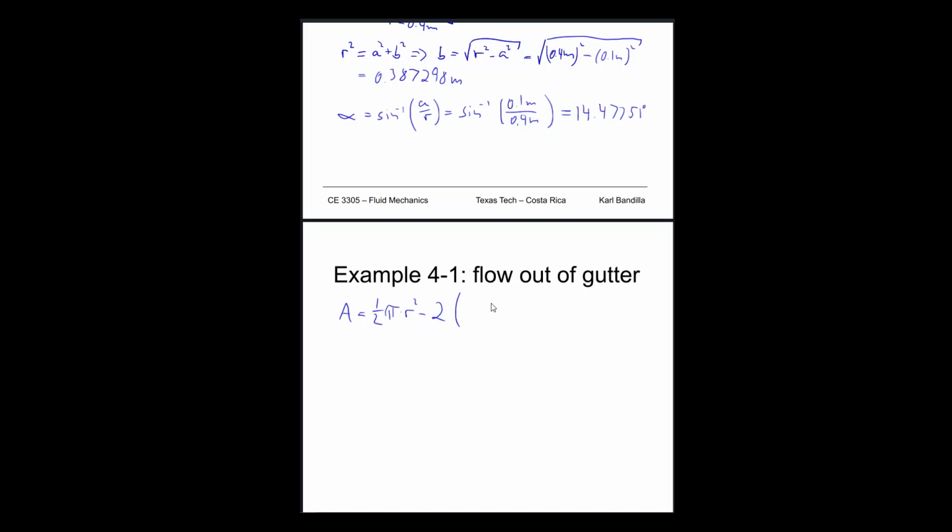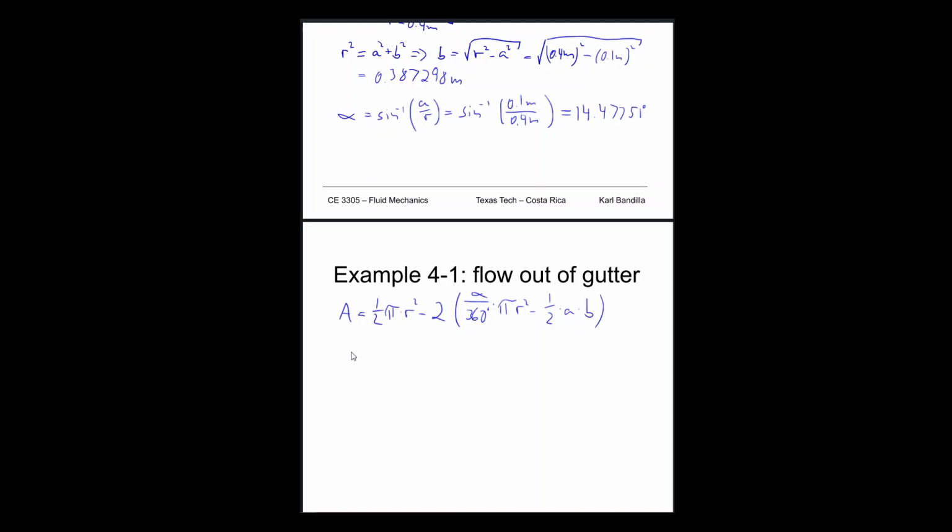We cut out the two slices, so that would be alpha divided by 360 times pi r squared, and then minus our triangles, 1/2 times A times B.